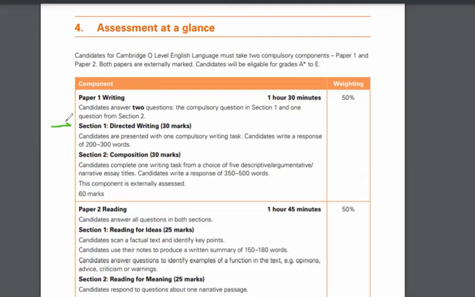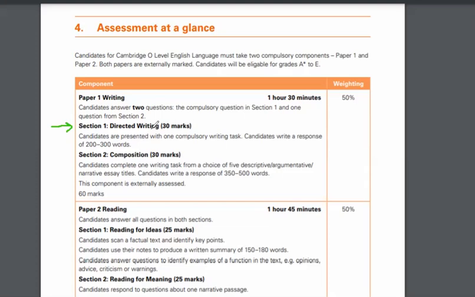We are talking about the writing task. You are in section 1, and you are given directions, directed writing. You might be asked to write a newsletter, a formal letter, an informal letter, a report, or a magazine article. Any of the directed pieces of writing.